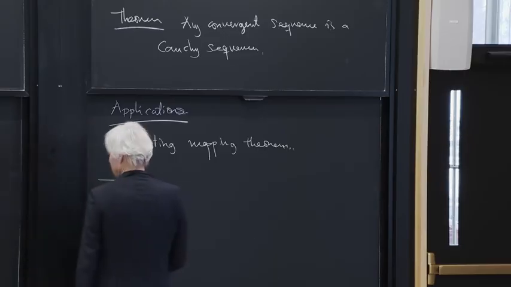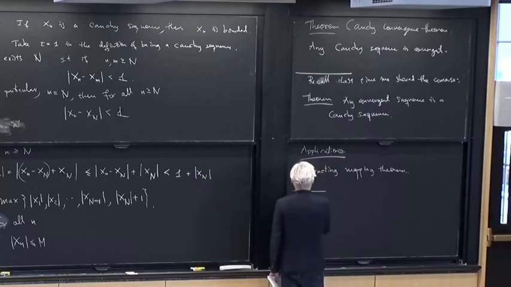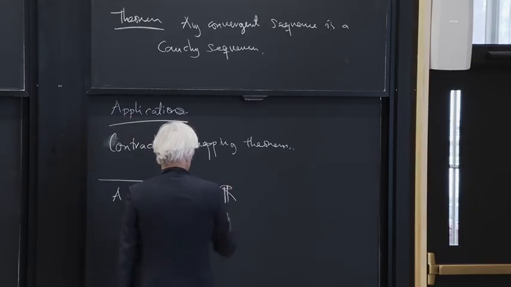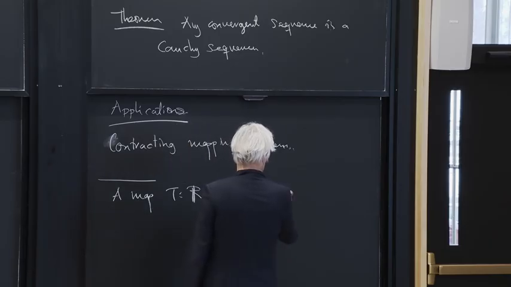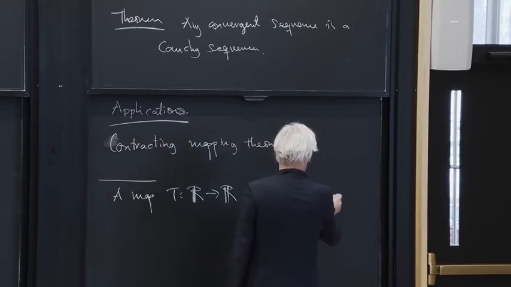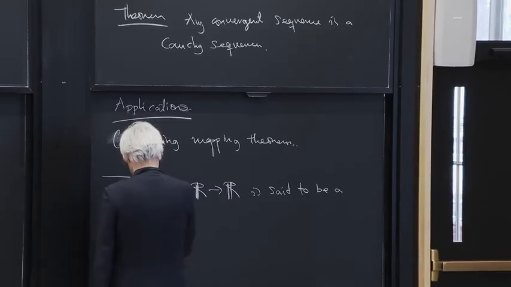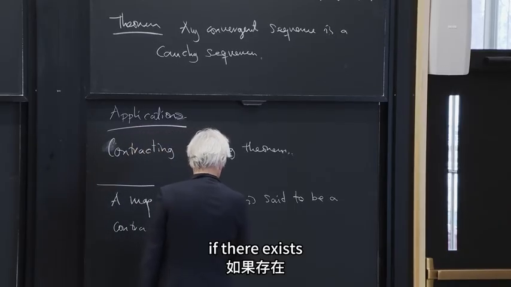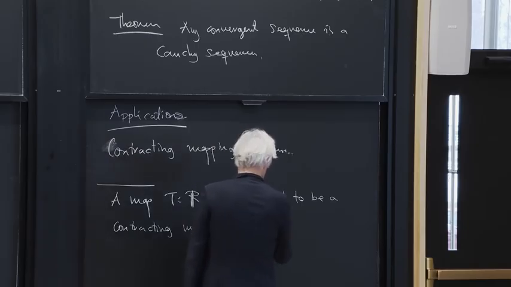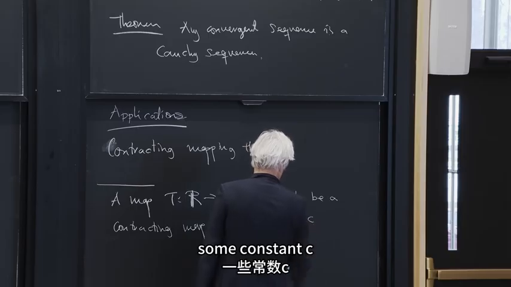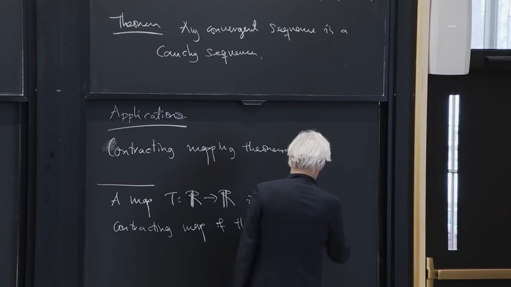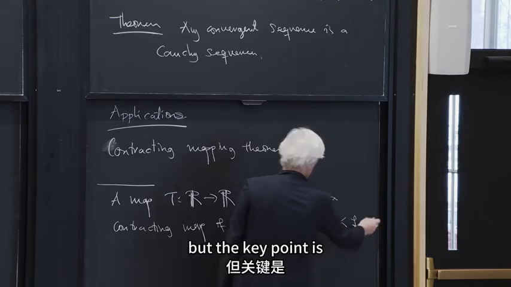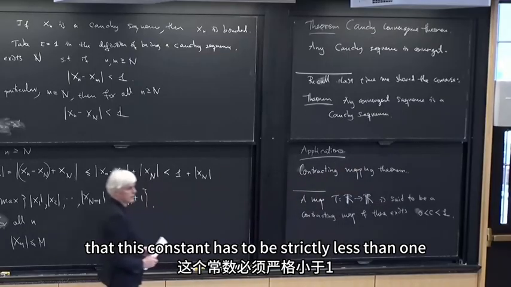So a map T from R into R is said to be a contracting map if there exists some constant C positive, and the key point is that this constant has to be strictly less than 1.